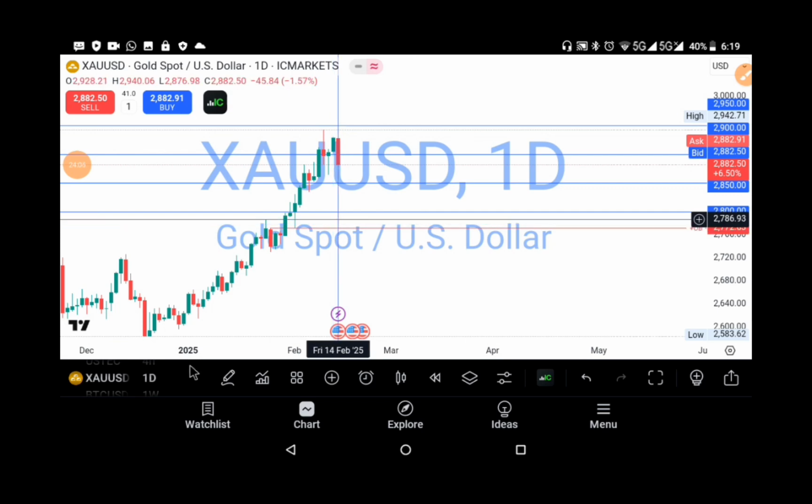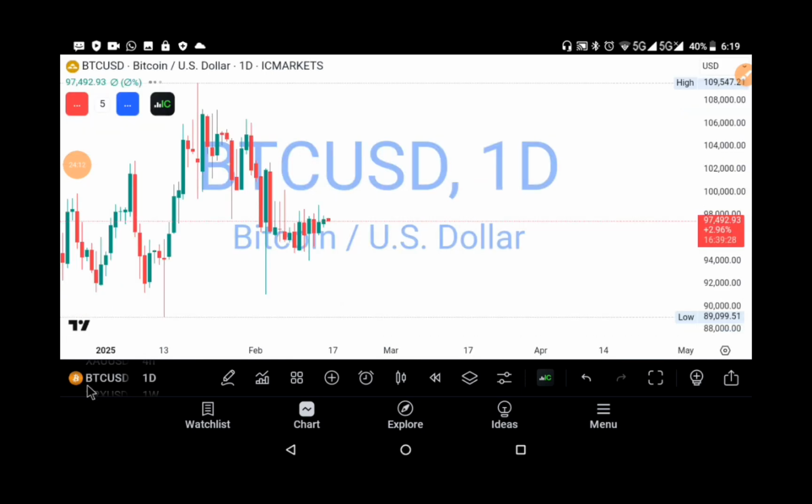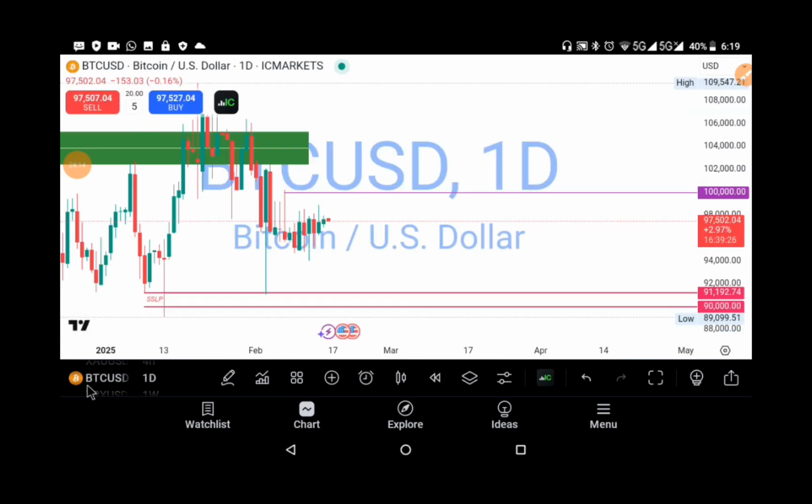So to the last but not the least, the BTC. The BTC last week, I was expecting 100,000 to remain its resistance, and we've not seen the market price triggered into 100,000. So as long as the market remains below 100,000, I'll still be interested in a movement into 90,000.